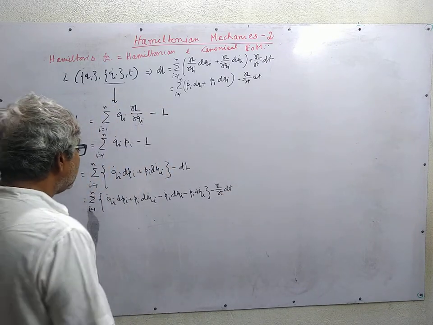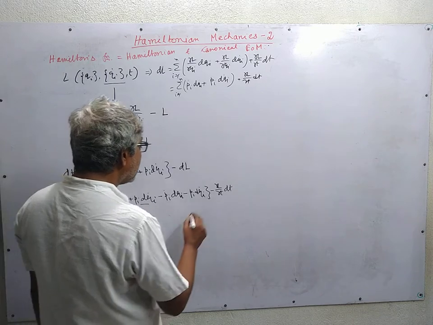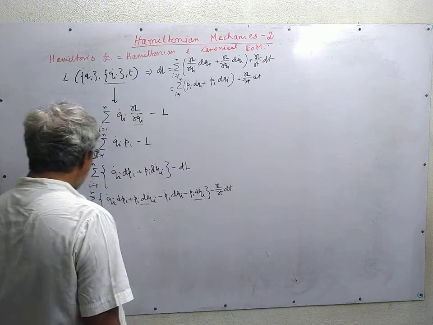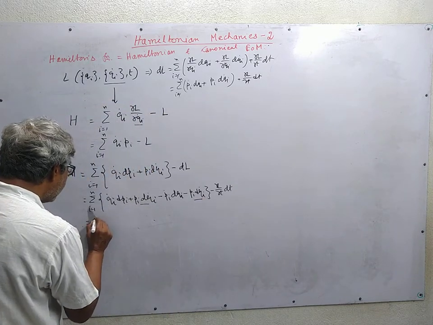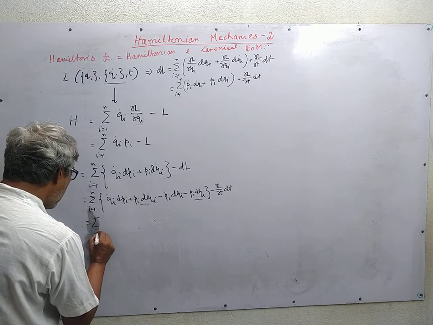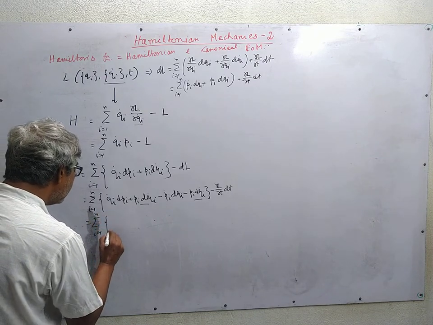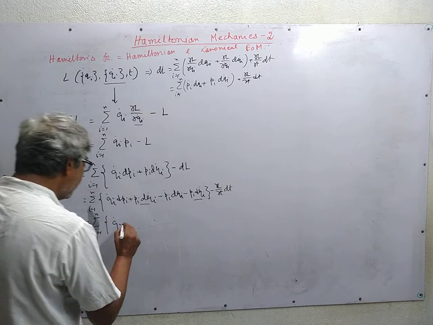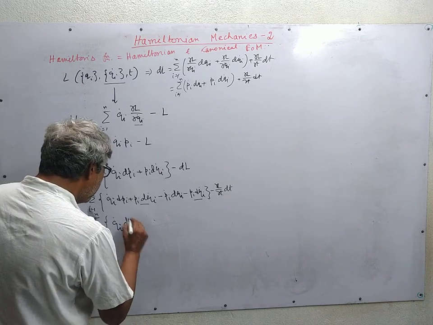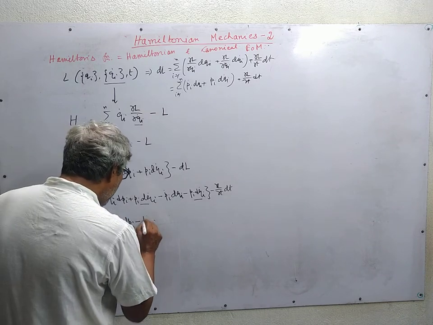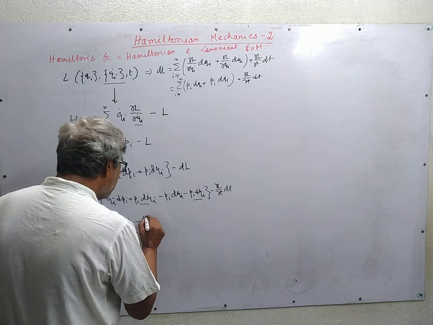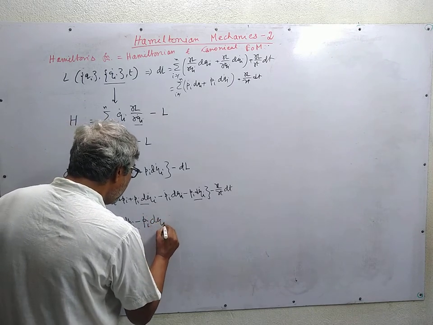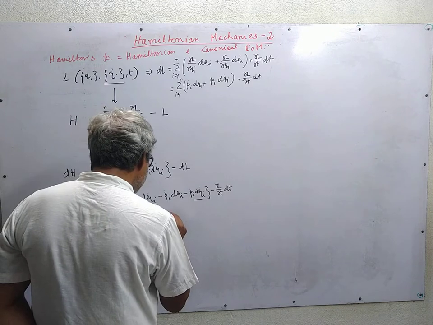And you see that this part cancels out with this, leaving behind the summation over i equal to 1 to n of Qi dot dPi minus Pi dot dQi.